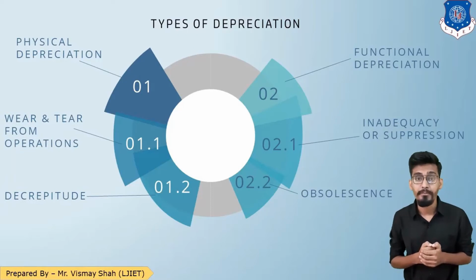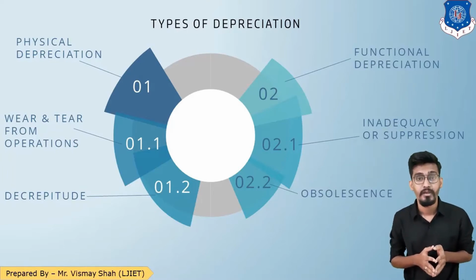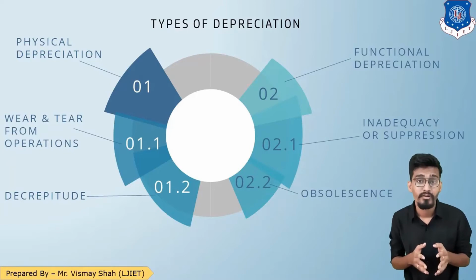Now talking about the functional depreciation. So the first functional depreciation is inadequacy or suppression. Now physical depreciation means the physicality or the physical aspect of the property, land or the building.